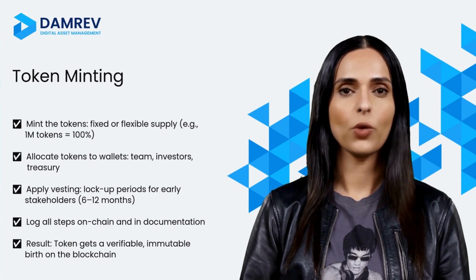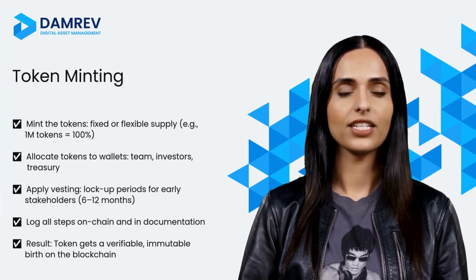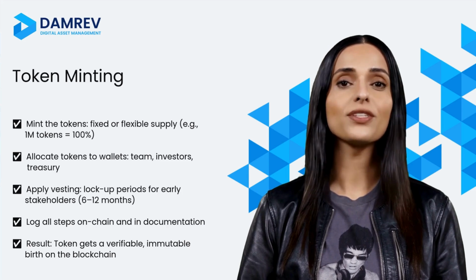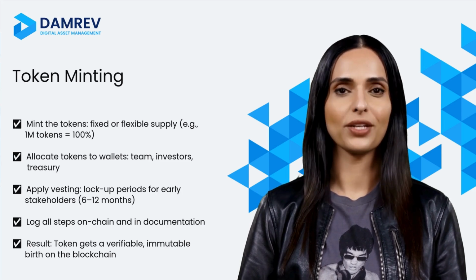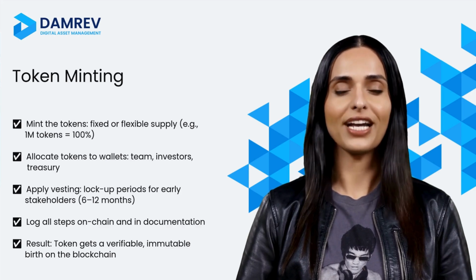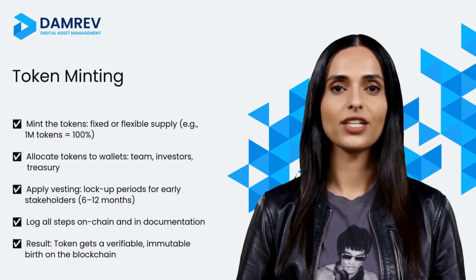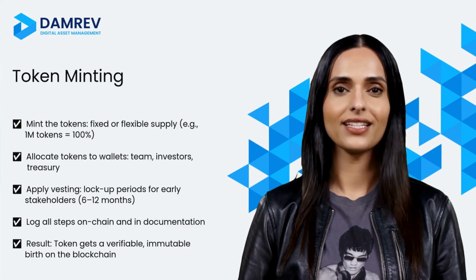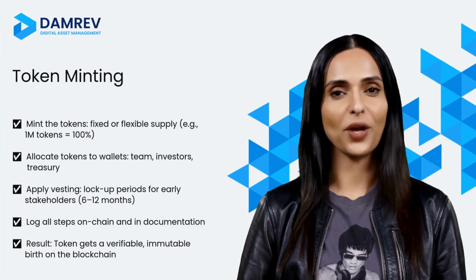This includes founder wallets, treasury reserves, investor allocations, and strategic partners. Vesting schedules. Tokens allocated to insiders may be locked for 6 to 12 months to prevent sudden sell-offs. This step must be carefully logged, with full documentation, as it becomes part of the asset's audit trail. Think of it like the digital birth certificate of your tokenized project.